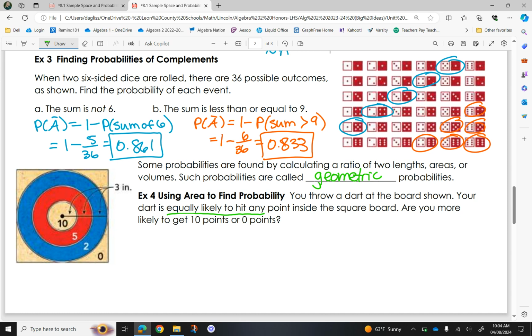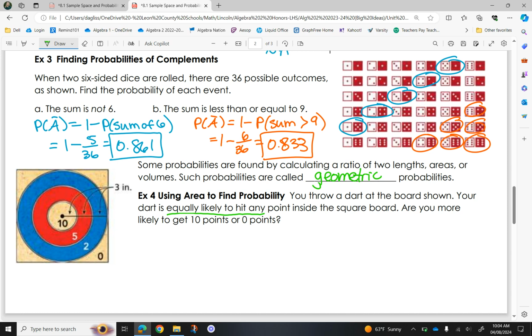People use them to cheat, so your outcomes are not 1 out of 6 because they got little weights in there. To say it's equally likely to hit any part of the board is saying nothing is leading the darts into a certain area. It's all the same material. No secret magnets.